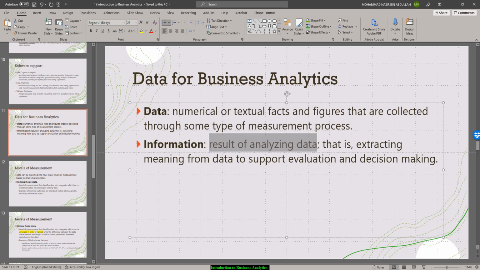So kita akan dapat result from the data, then from this result we call it as information, so we can make a decision whether you want to do a sale, nak bagi apa-apa business decision kan. So this is data for business analytics.